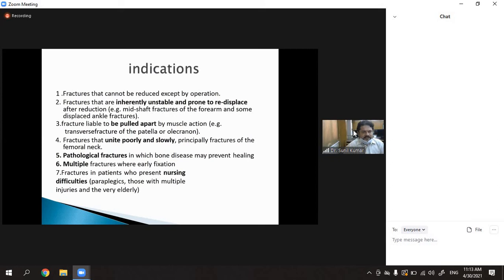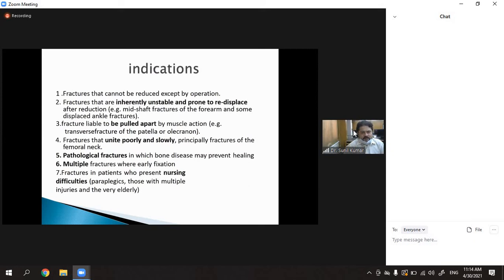And fractures that unite poorly and slowly, principally fractures of the femoral neck, where we already know that the fracture will unite slowly and poorly, and the chances of non-union are more. So in this level of fracture, femoral neck, we have to do internal fixation.